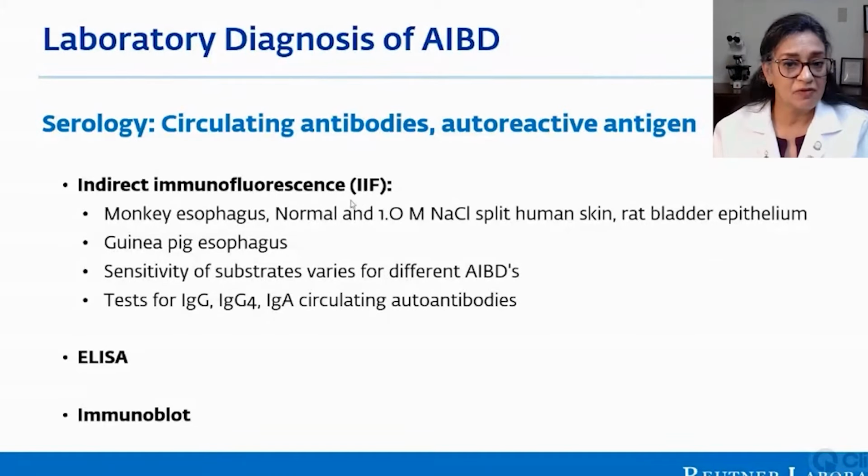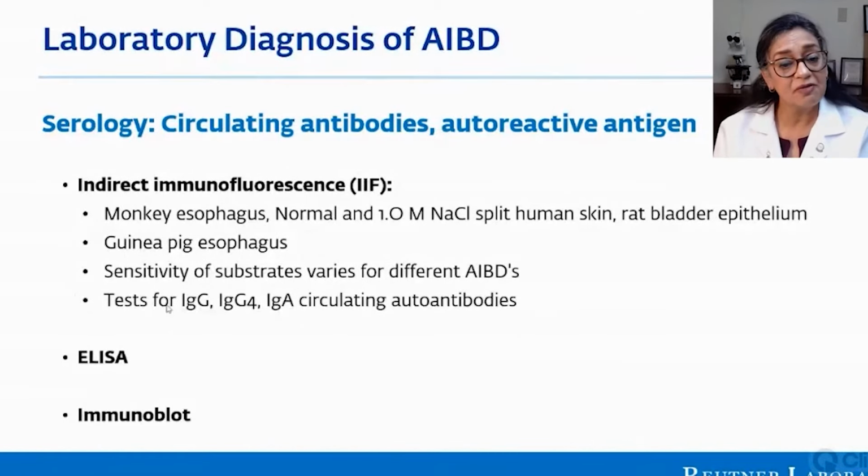For indirect immunofluorescence, or IIF, as I will refer to it from now on, it can be done on multiple substrates, and substrates like monkey esophagus, normal and split skin, rat bladder epithelium, and guinea pig esophagus have been used.